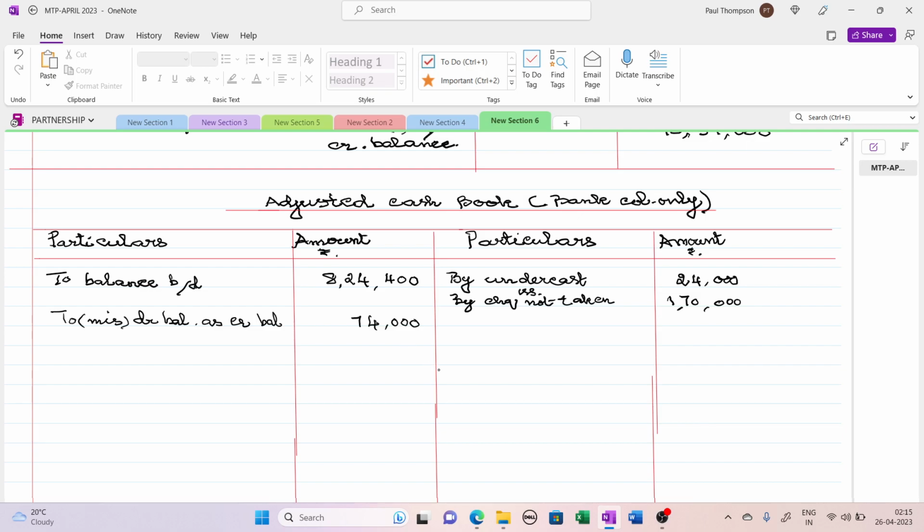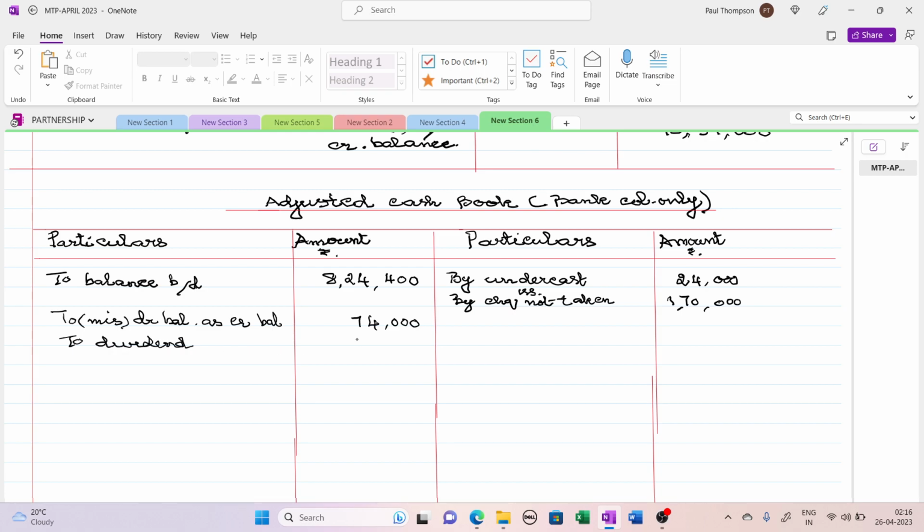Out of total checks of 84,000 issued, 57 were encashed. This will appear in your BRS because already we have written in our cash book by check 84,000. Now no need to make any further entry. This will go to our bank reconciliation. Now dividend collected by bank 70,000, which I know now. So I will write it in my cash book, to dividend collected by bank.